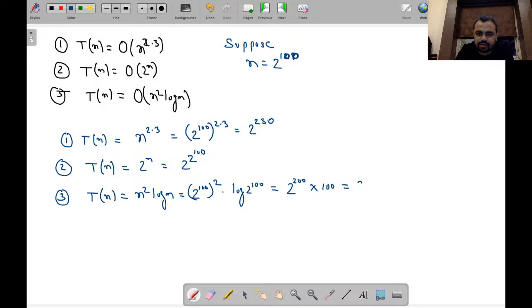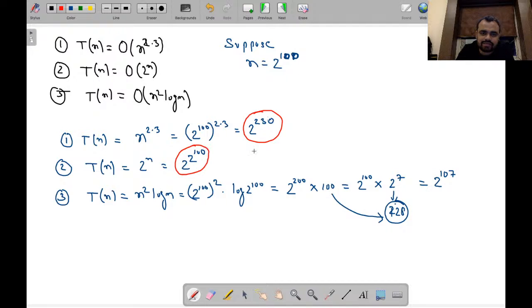What is the value of 100? Write the value of 100 like 2 power 7, because this value is 128. We are equating the value 100 with 128. This is of course greater than 100, but still we are equating this. It will become 7. So my dear friends, just analyze here. On the first side we are getting 2 power 240, on the second side we are getting a much larger value, and in the third we are getting this value 7.